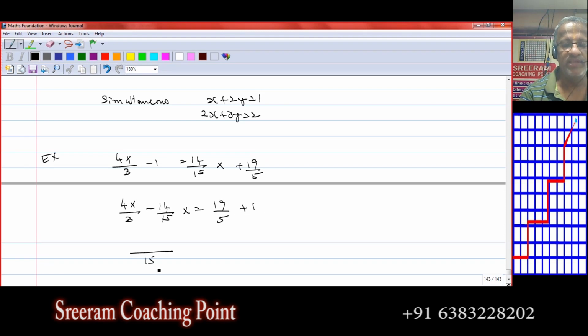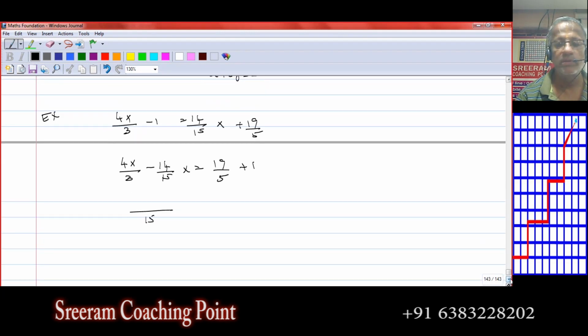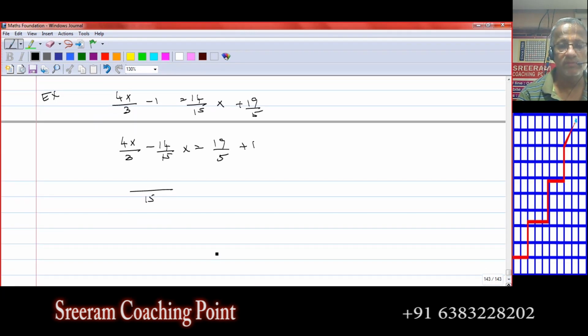So 15 is the common divisor, the LCM, the lowest common multiple, is 15. 20x minus 14 into 3, that is 42.